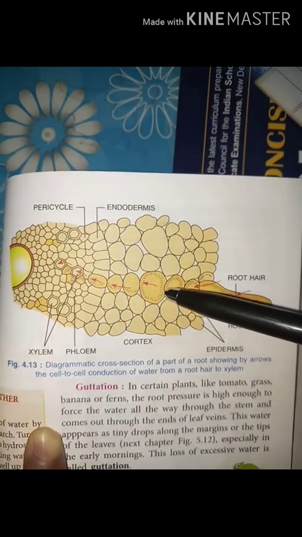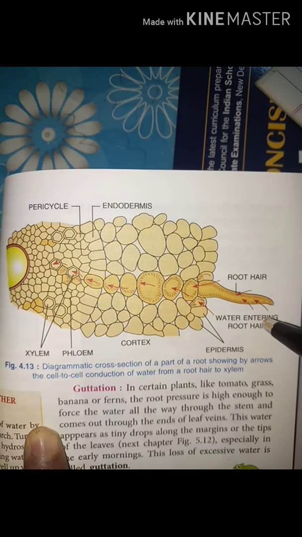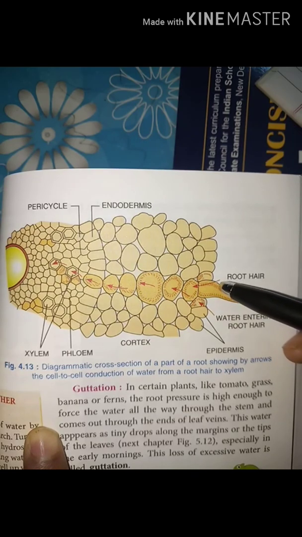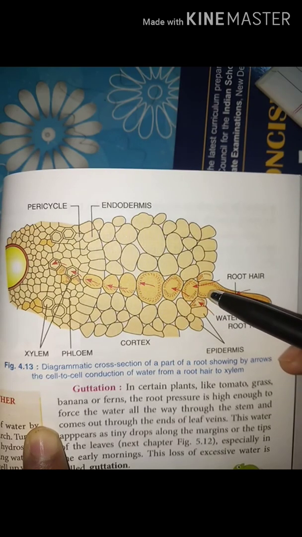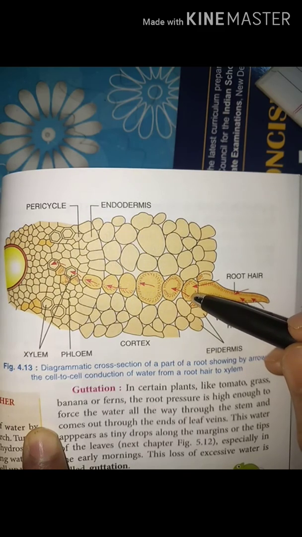Here, this diagrammatic representation will illustrate the cell-to-cell osmosis. Here, when root hairs absorb water, it becomes turgid. But the nearest cell to the root hair cell is flaccid.